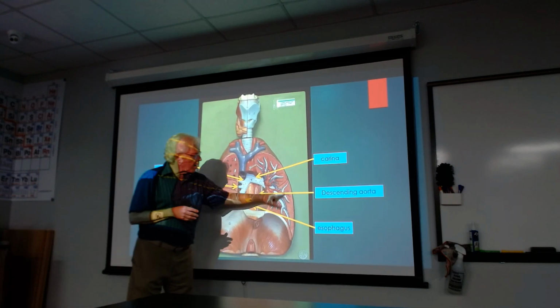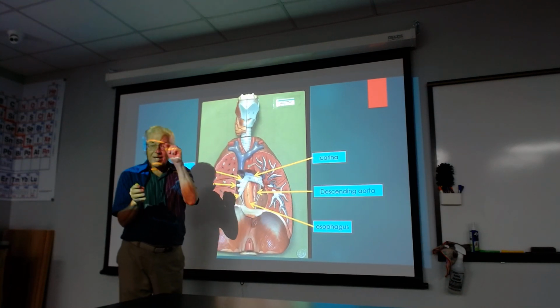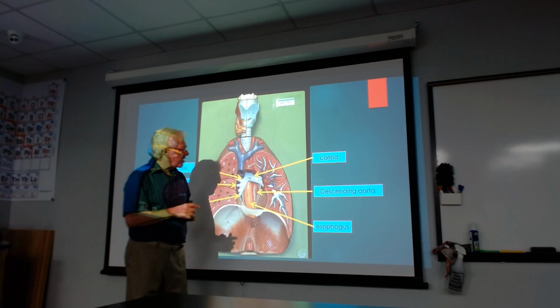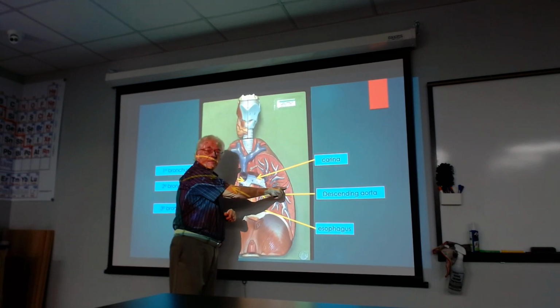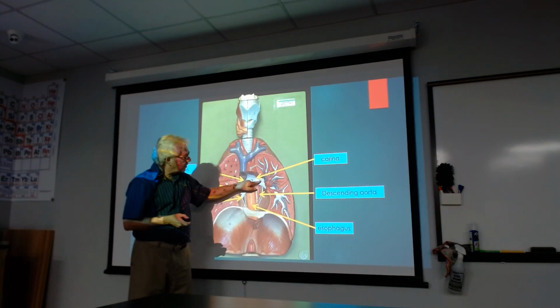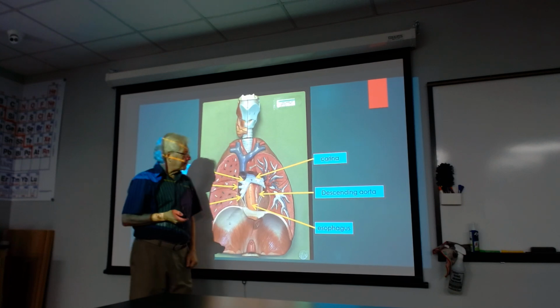Your bronchi actually split 23 times before they get down to the smallest alveoli. Am I ever going to say, hey, which split is this? You can't tell. However, you can tell first, second, third. Got it? Okay.